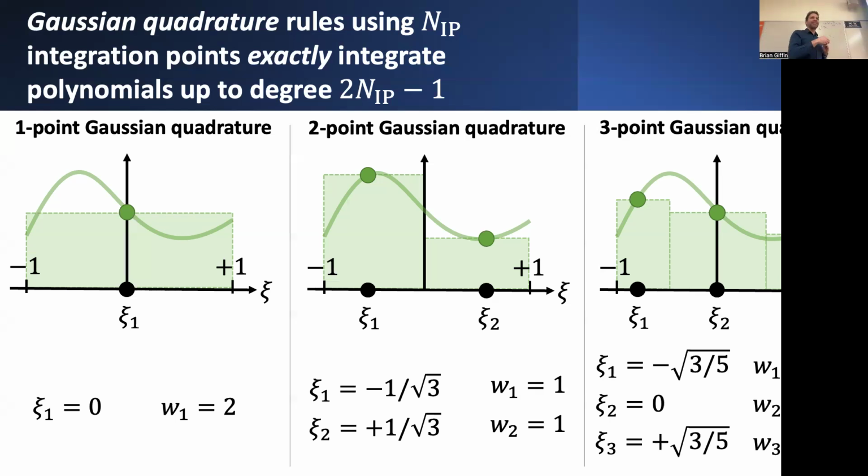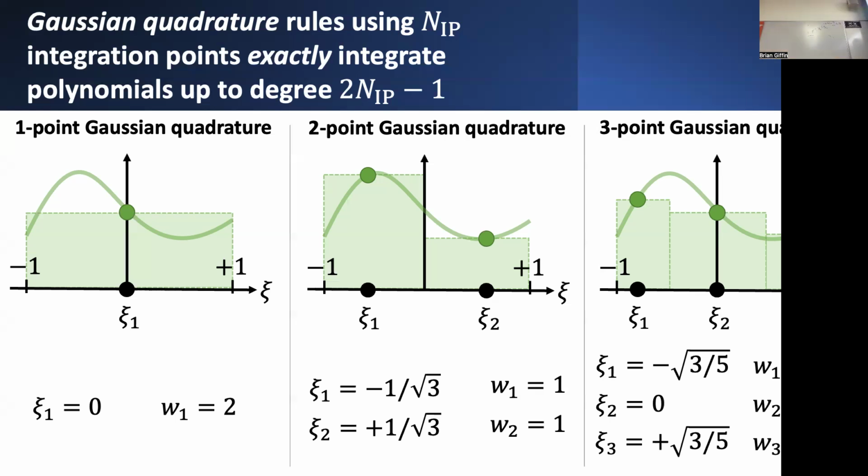Okay, two-point Gaussian quadrature looks a little bit different. We now have 2 points that are spaced a little further away from each other. You'll notice something interesting about the locations for c1 and c2, the locations of these sampling points or integration points.